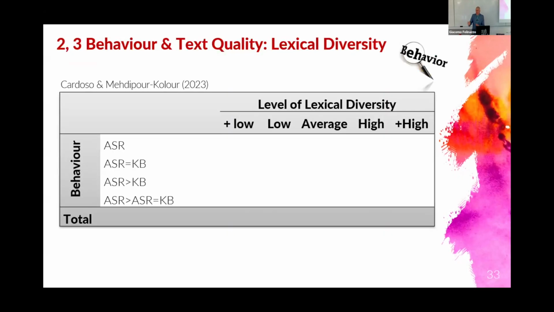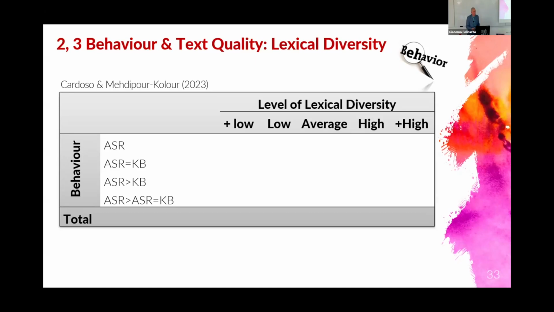Regarding behavior and text quality, these are the four different types of behavior that we found in our data set. There were students who only used ASR to compose text. There are others who use ASR and keyboarding. KB stands for keyboarding. ASR and keyboarding at the same time, so they interchangeably switch between one or the other.